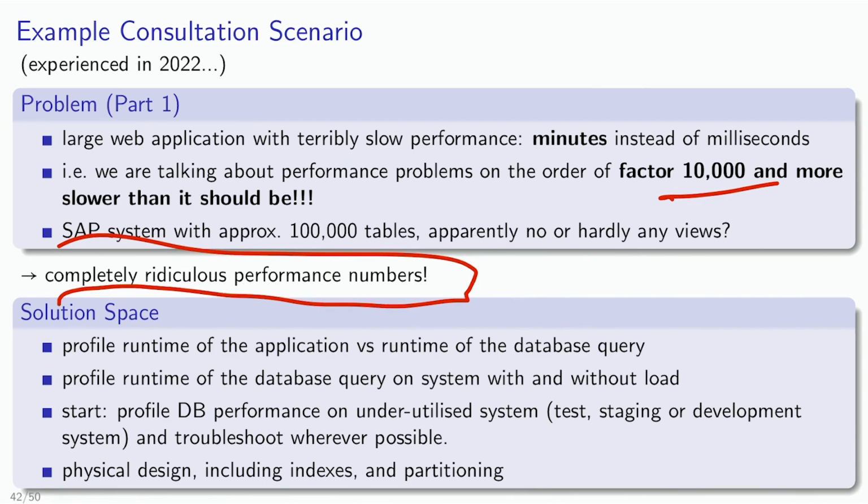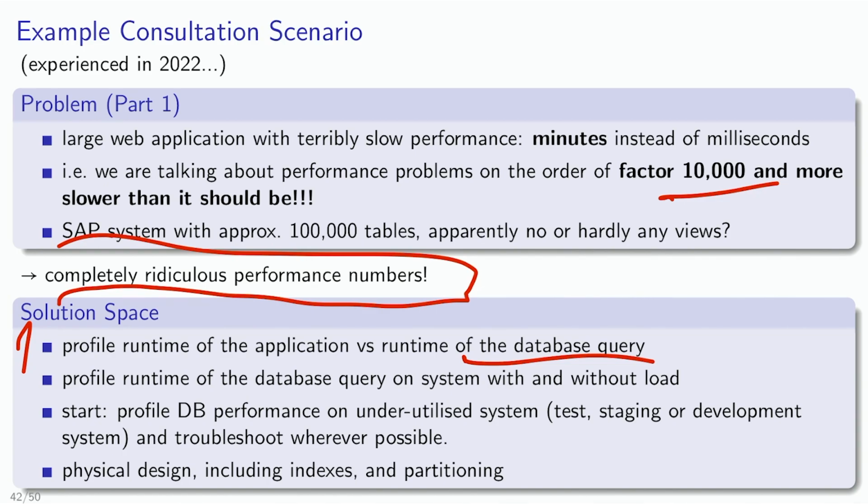And the solution space in that is, you profile. In such a web stack, you could profile the runtime of the application, and the runtime of the database query. In other words, you first have to find out what is the culprit, what's going on here, where do I lose all of that performance? Is it the hardware, the application, the UI, the network, whatnot? You have to investigate what's going on. That's very important.